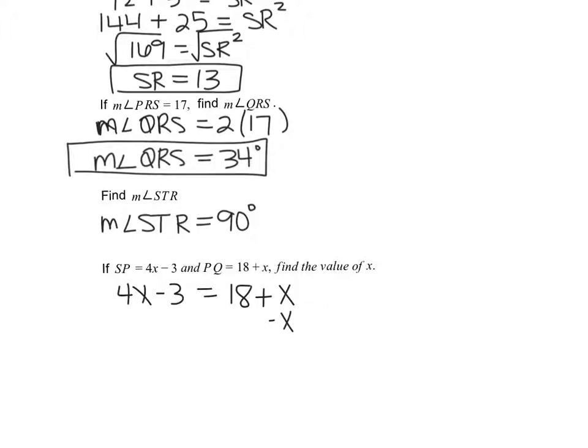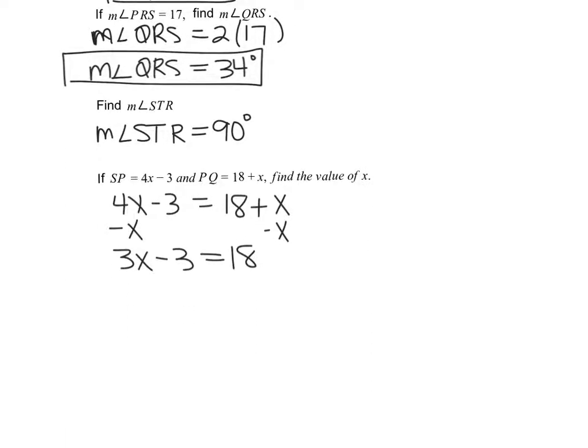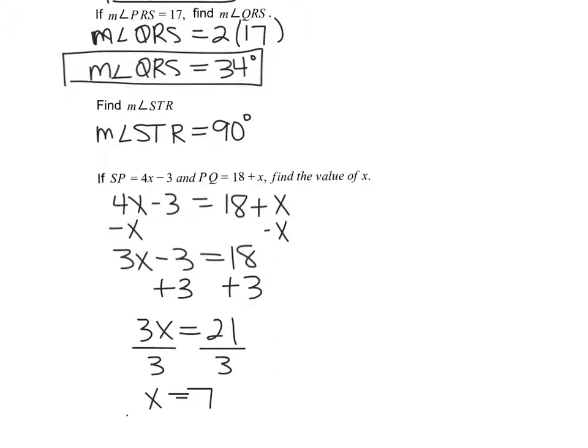I'm going to subtract x from both sides, so we get 3x minus 3 equals 18. Next, I'm going to add 3 to both sides, and we get 3x equals 21. Divide both sides by 3, and then we get that x is 7.